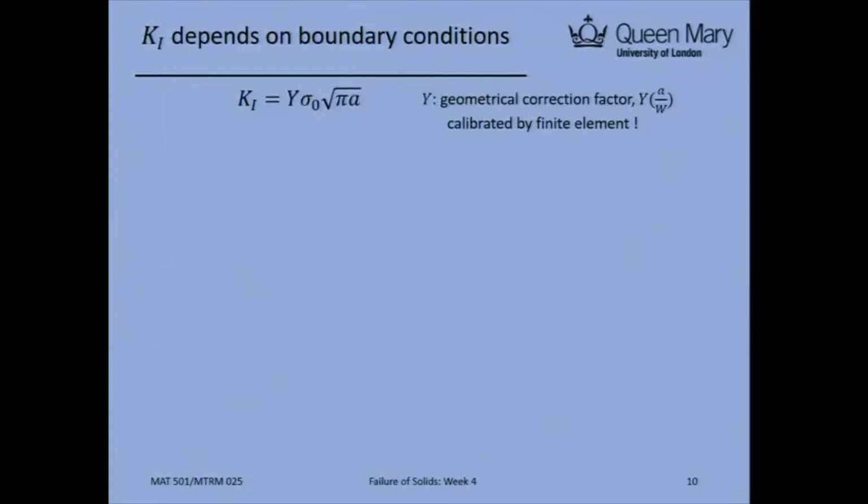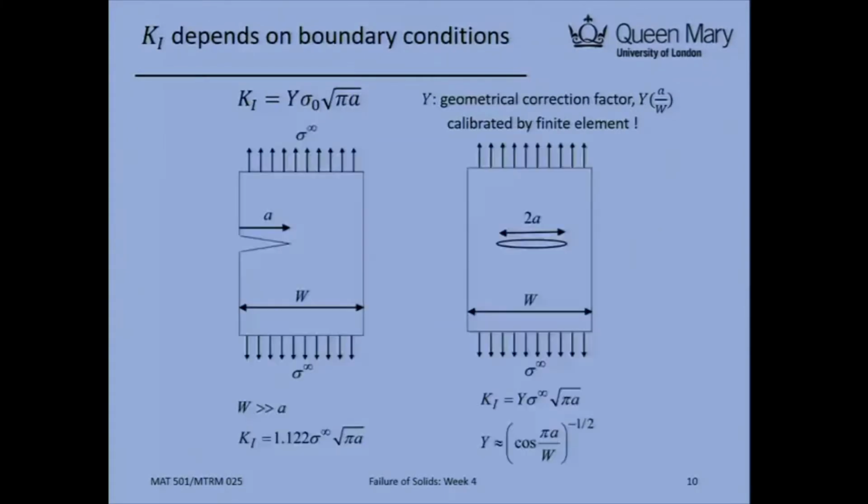So now let's look at some typical situations, where we have different samples. Some of them we call a single notch specimen. You load it when you cut a single notch on one side. The most general case is a central notch like that, where you cut it in the center.